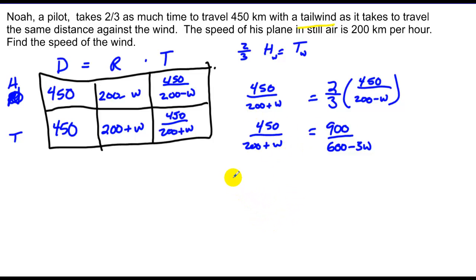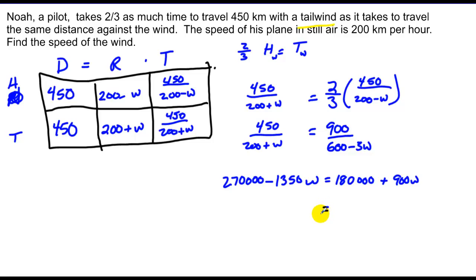Cross product once again. I take 450 times 600, which gives me 270,000. Minus 450 times 3, which is 1350 W, is equal to 200 times 900, which is 180,000, plus 900W.